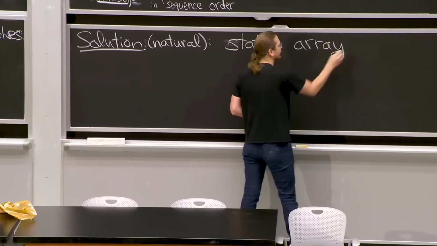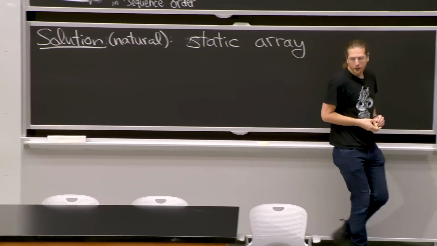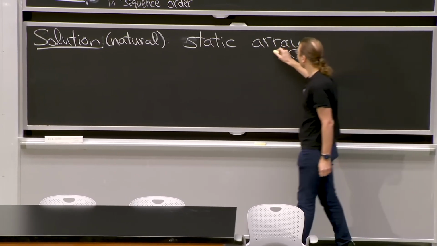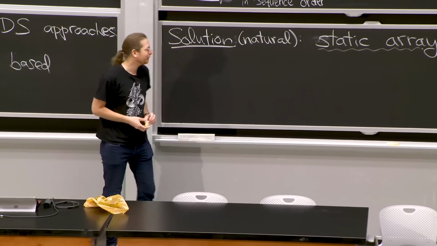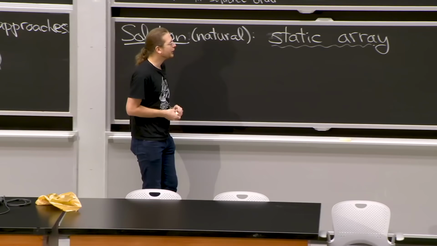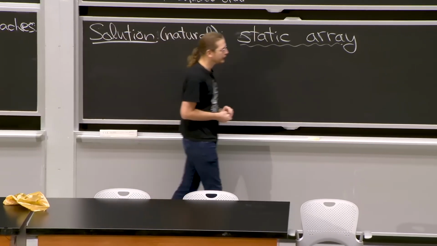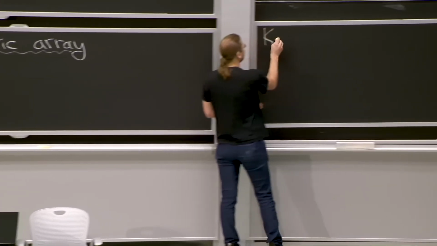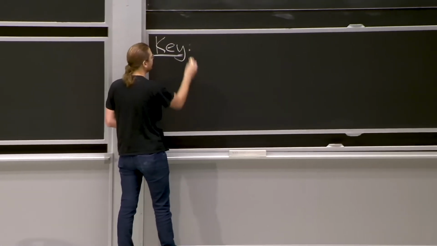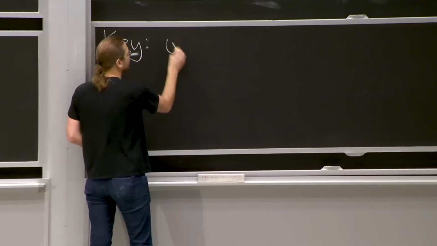Jason mentioned these in lecture 1. It's a little tricky because there are no static arrays in Python. There are only dynamic arrays, which is something we will get to. But I want to talk about what is a static array really. And this relates to our model of computation, which Jason also talked about, which we call the word RAM.